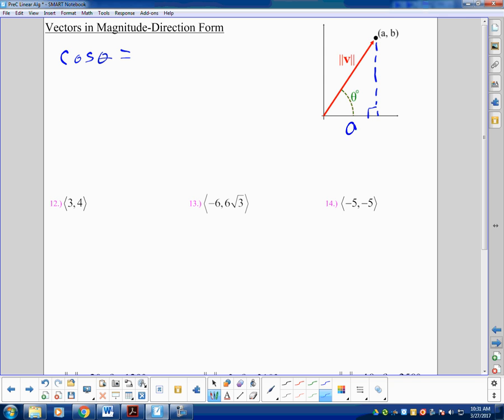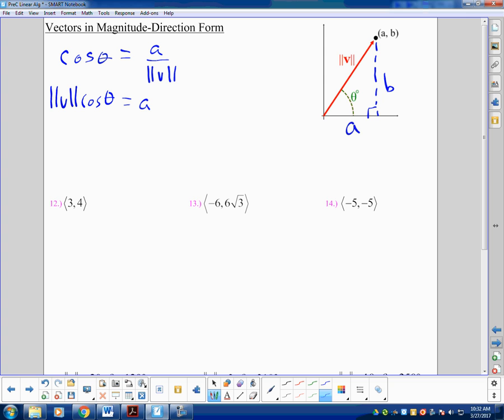This would be A, this would be B, so cosine of theta would be adjacent over hypotenuse. If I call the hypotenuse the magnitude of V instead of C or R, then I have adjacent A over magnitude V. And if I wanted to solve for A, it would look like this. A is equal to the magnitude V times cosine of theta.